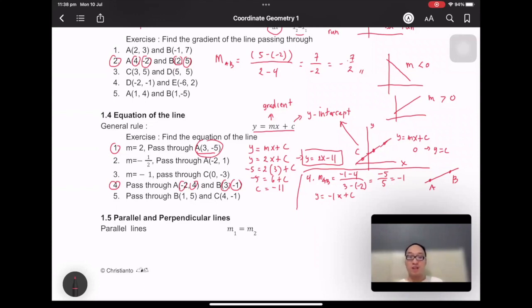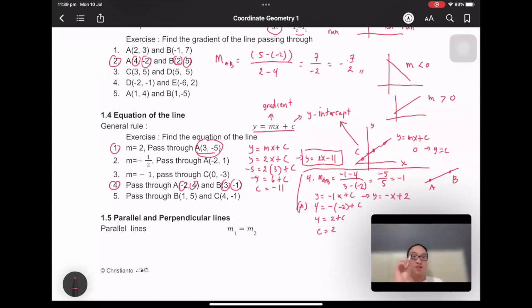So we can replace either A or B to find the value of c. I will choose A. The y value of A is 4, equals negative 1 times x. The value of x is negative 2, plus c. So 4 equals 2 plus c. So c equals 2. So that means the equation is y equals negative 1x, which is negative x plus 2.